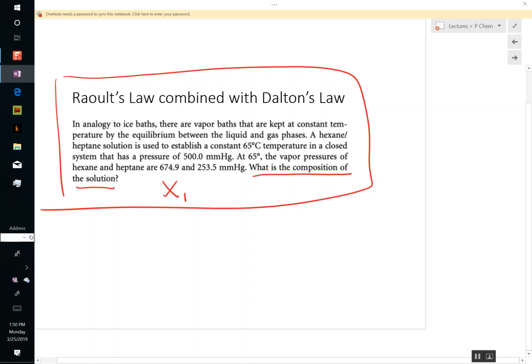So you need to calculate x1. That will also define x2. You can calculate x2 from x1. All right? So take it that far, and we'll start Wednesday solving that problem real quickly. So bring this set back on Wednesday.